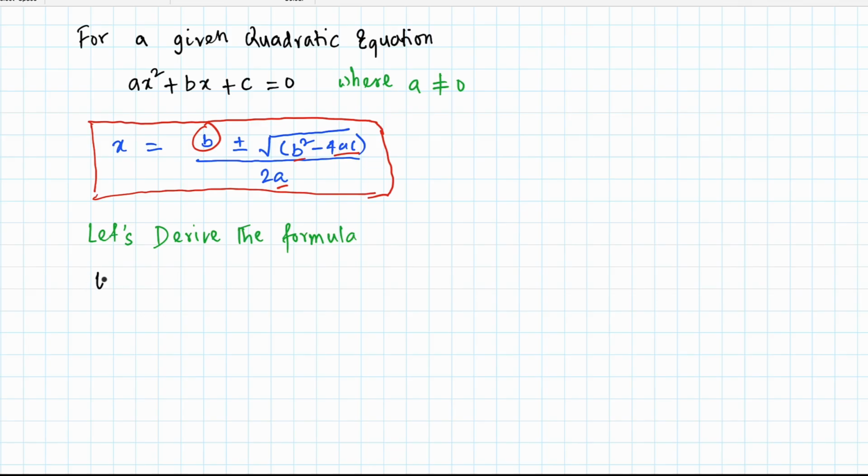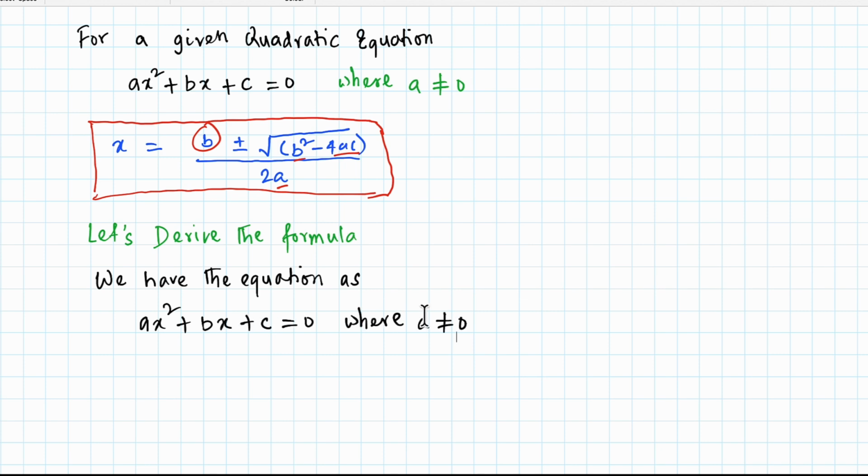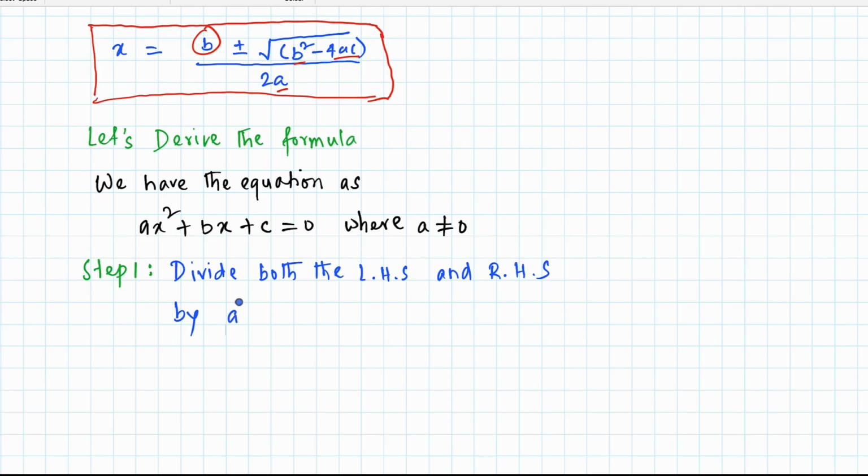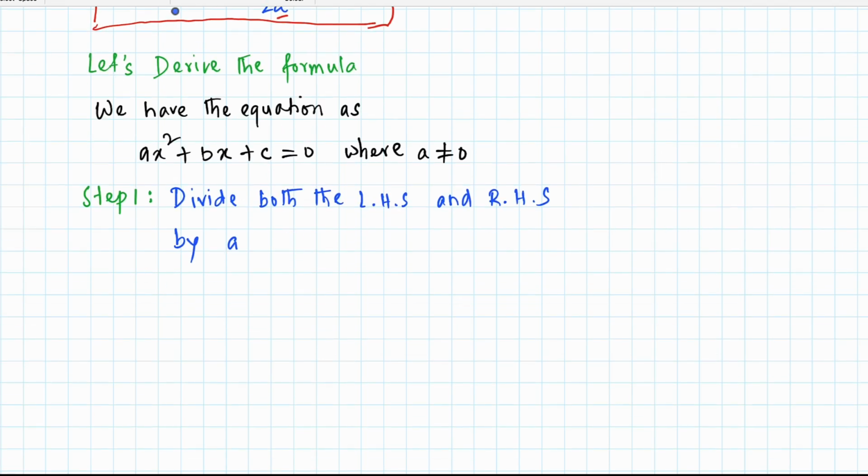Now let's derive the formula. We have the equation ax square plus bx plus c equal to 0, where a is not equal to 0. Step 1: we first divide both the left hand side and the right hand side of the equation by a.